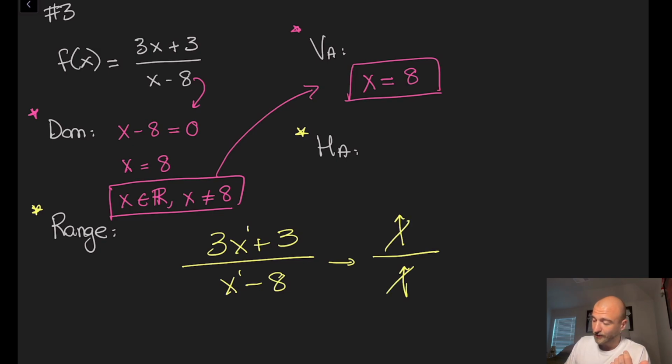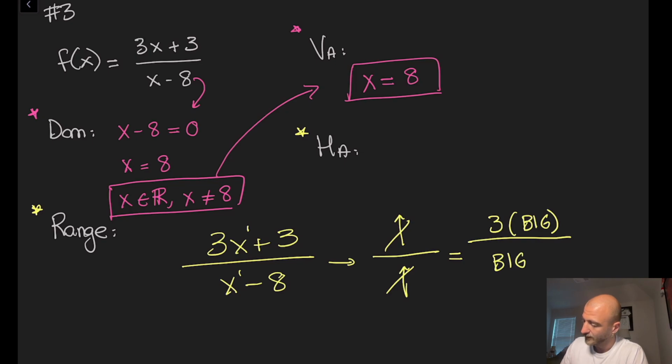Let's rewrite this as 3 times something big over just something big. When something big is divided by something big, they basically cancel each other out, right? So what are we left with? We're literally only left with the coefficient, the ratio of the coefficients between the two of them.